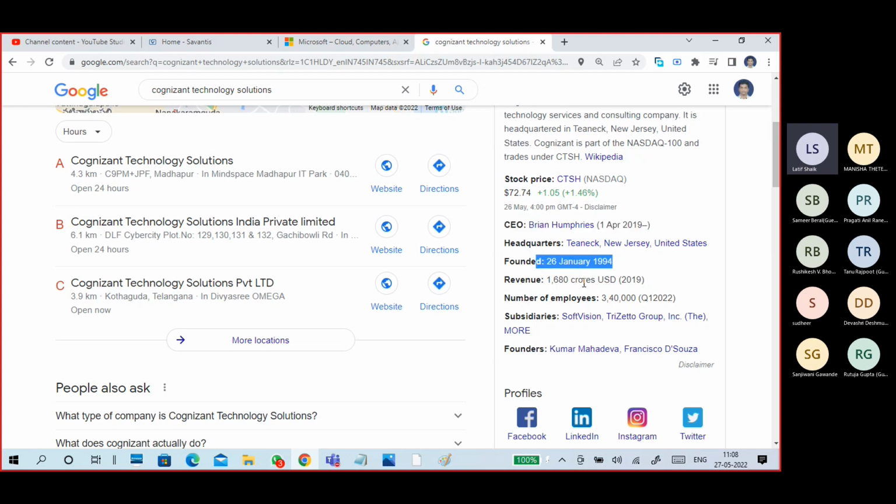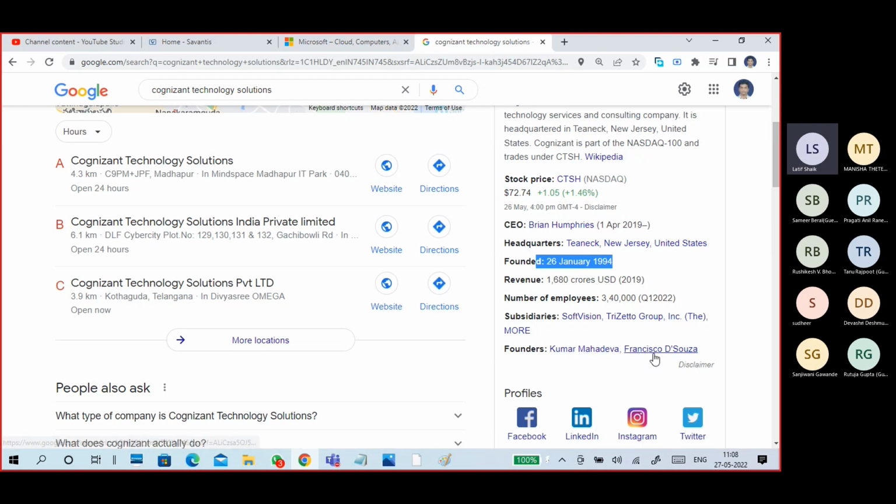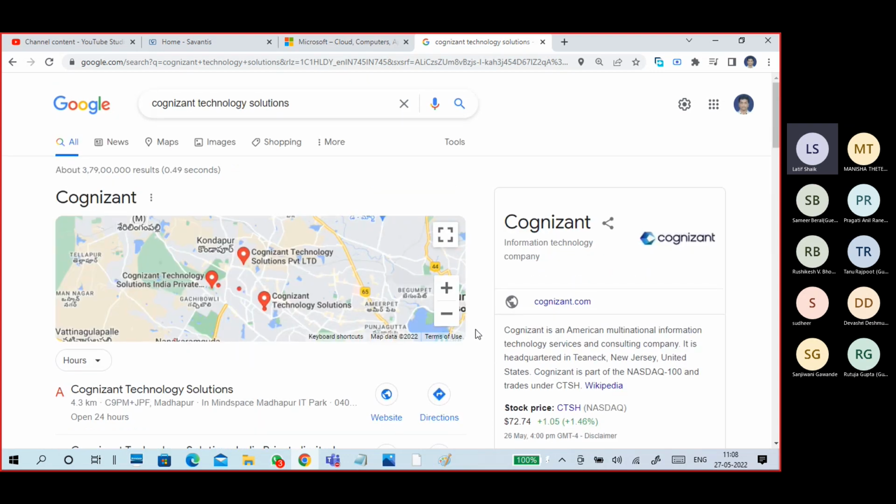When was it founded, and who are the founders? The ex-CEO is Francisco D'Souza. The founders are Kumar Mahadeva and Francisco D'Souza, and the current CEO is Brian Humphreys. And what is the revenue, last year's revenue or the year before? We should do that also.